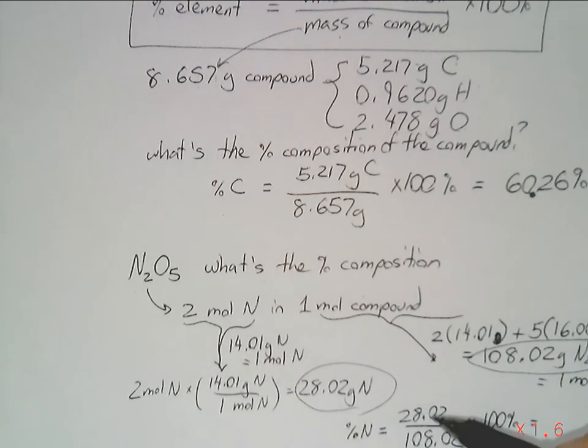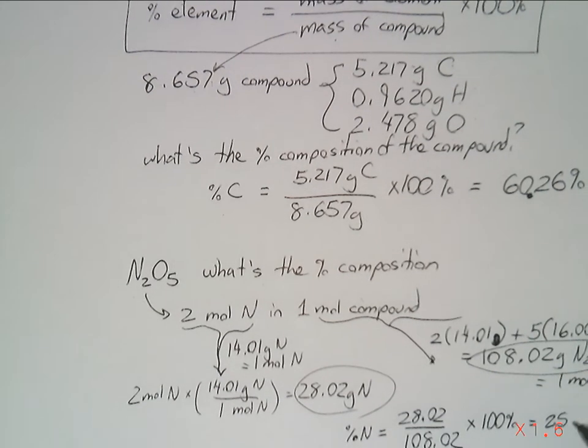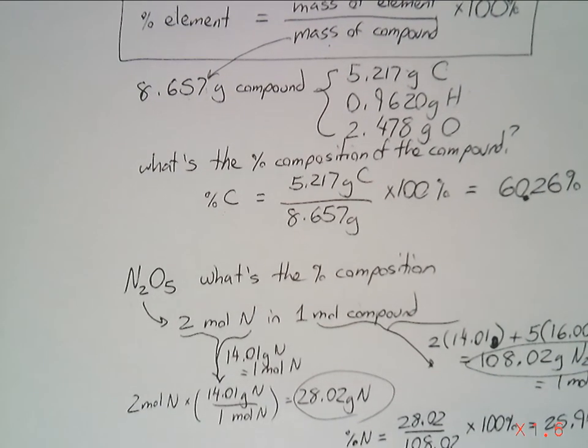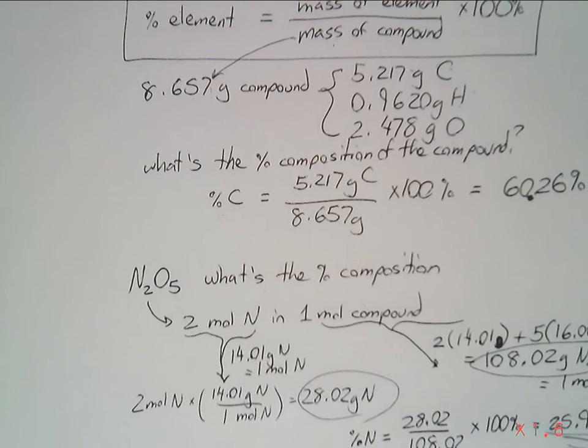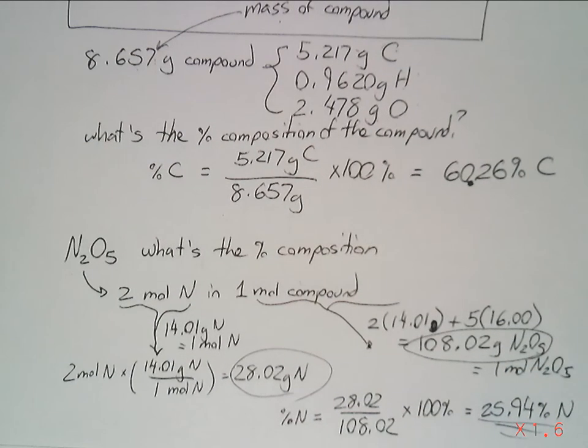Let's see. That's about a quarter, like 25 out of 100, so it'll be something close to that. If I figure it out, it comes out to be that. See if you get that same number. That's the percent nitrogen in the compound.